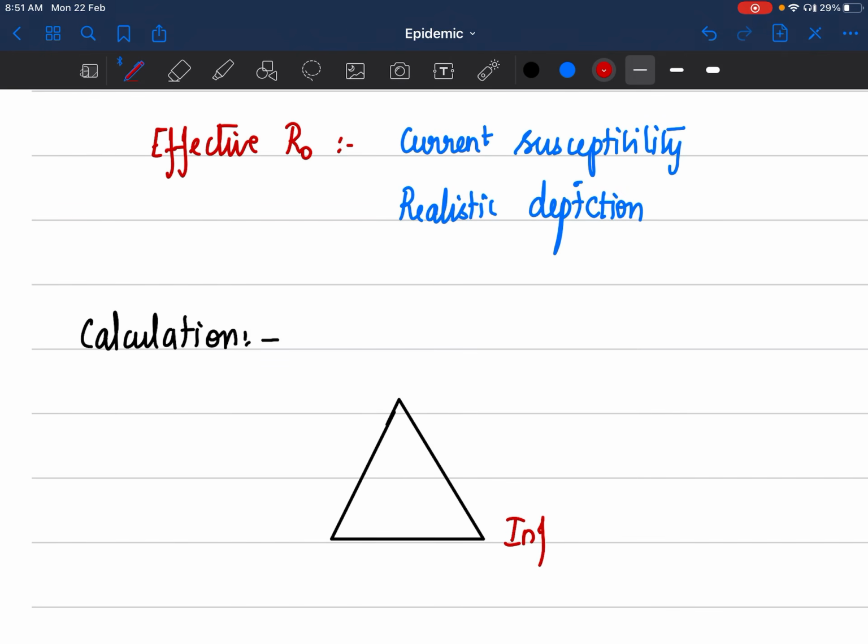Then during this infectious period, the patient should be able to transmit this infection. So there is a transmissibility. So the person is able to transmit the infection.